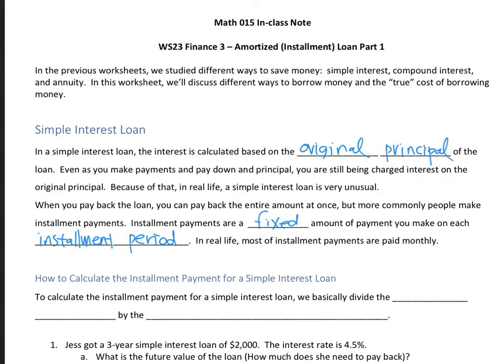So let's say you borrow $100, and instead of paying $100 back at once, you ask, can I just pay you back $10 every week? That would be installment payments. In real life, most installment payments are paid monthly. Like I have a car payment that's monthly, I have a home payment that's monthly, and so on. Those are all examples of installment payments.